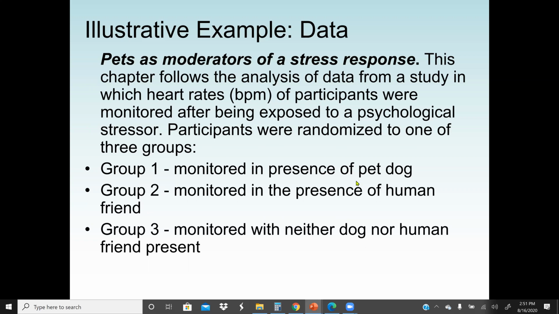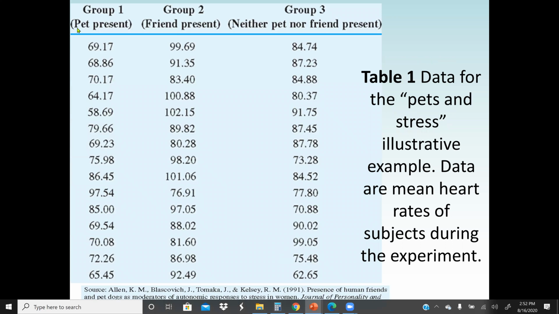Most likely, if they are with their pet, the stress will be lesser. When they are with their friends, maybe the stress will be lesser or more. And when they are alone, with neither friend nor dog, the stress may be different. So we have three groups and we want to compare the stress level based on three different conditions.